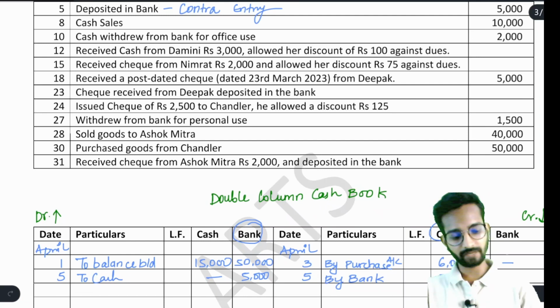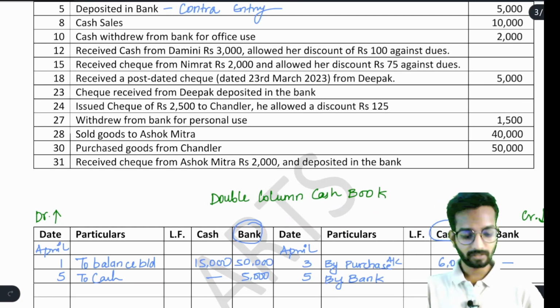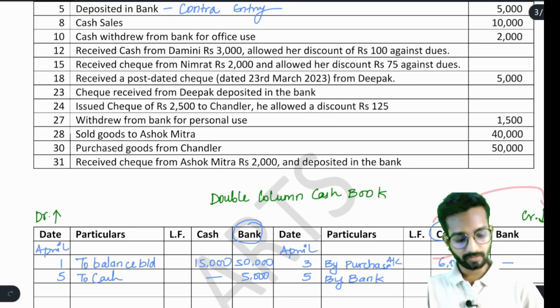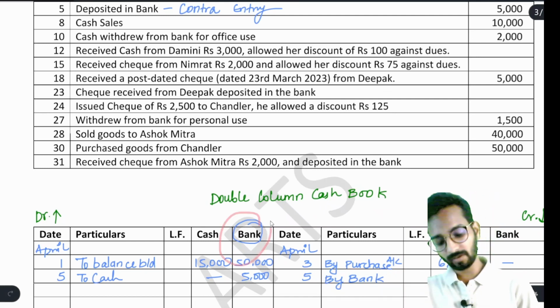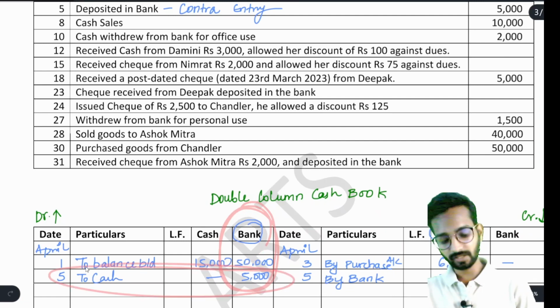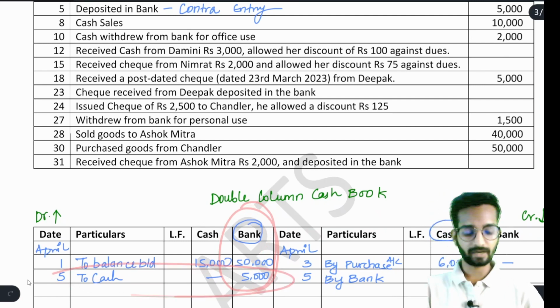Understand it very carefully. What is happening here? My cash balance is reducing by 5,000 because I deposited cash of 5,000 into bank. Here my bank balance is increasing by 5,000. Why? Because I deposited cash in my bank account.